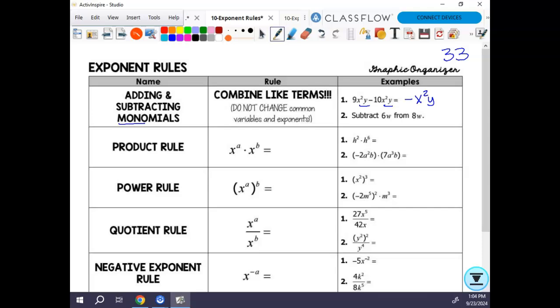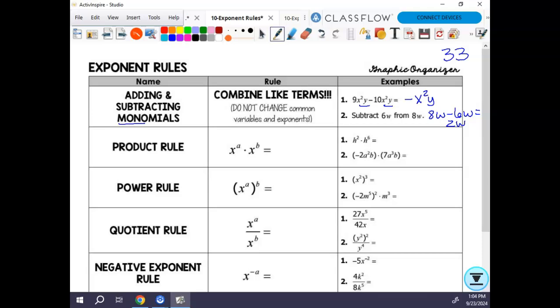Well, we're not subtracting 180, right? We're subtracting from 180. So making sure you can interpret this correctly, subtract 6w from 8w would be 8w minus 6w, and that gives you what? 2w. Okay. I'm not so worried about that concept. I think combining like terms is something that we hopefully have down and we'll be fine with.